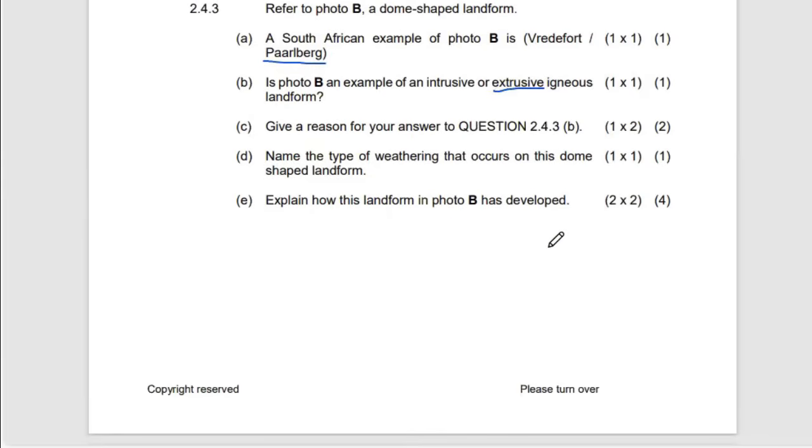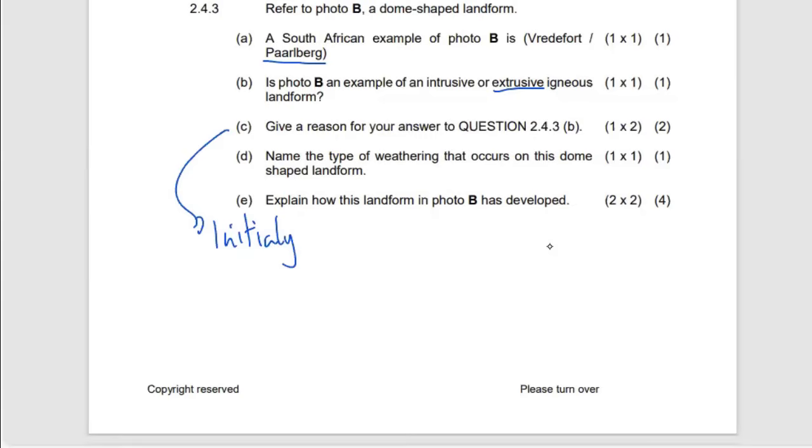Initially, the landform formed from underground. In most instances, for those to be exposed, like the granite domes, they start from intrusive features which are exposed because of erosional processes. So what usually happens is, with such landforms, they are exposed to the surface because of cycles of erosion. So we justify the fact that it's exposed now.